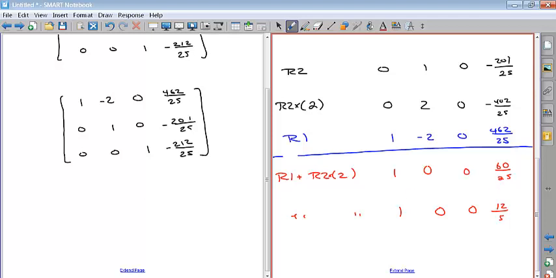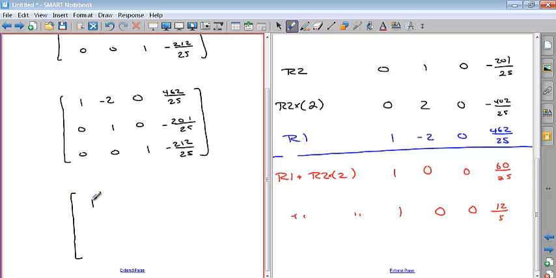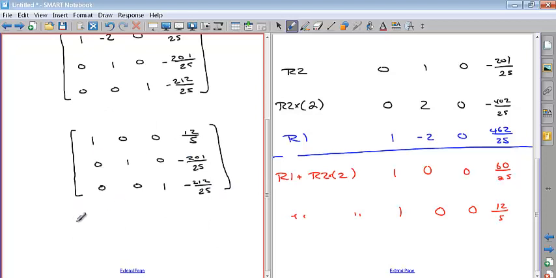So now the final matrix is going to be 1. For the first row, I'm going to substitute that. So I get 1, 0, 0, 12 fifths. The second and third rows remain unchanged. And so from this matrix, I can say that x is equal to 12 fifths.